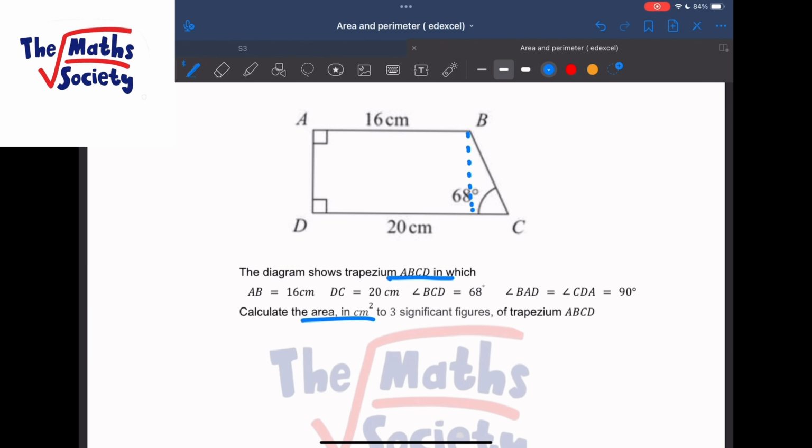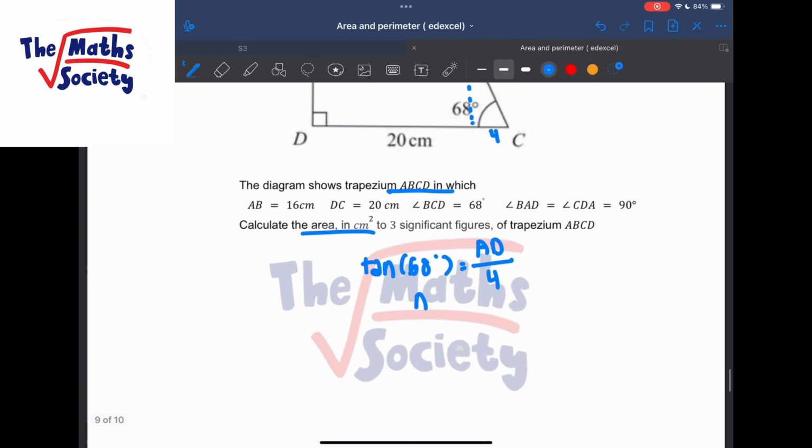We can use the tangent formula, which is O by A, and this one would be 4 centimeters, right? So tangent 68 degrees equals O by A, which is AD by 4. So then you will have AD equals 9.9 centimeters.